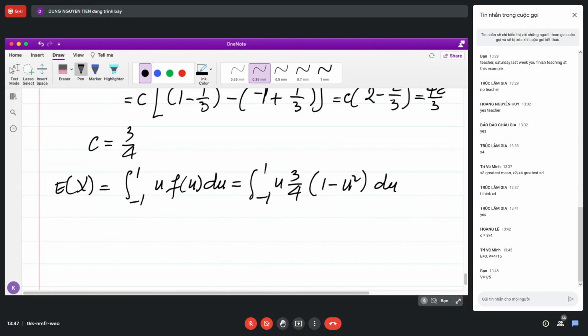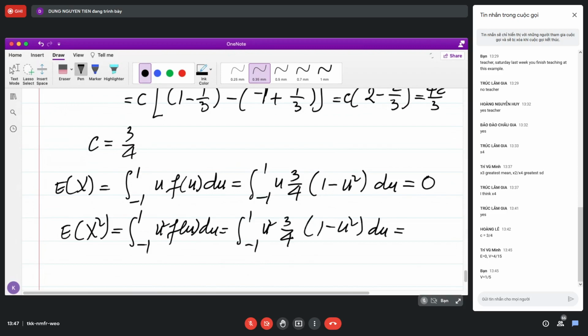In order to find the variance of x, you need to find the mean of x squared, the second moment. So you get the integral from -1 to 1 u squared f of u du. And that is the integral from -1 to 1 u squared times 3/4 (1 minus u squared) du. Okay, is there any question so far?